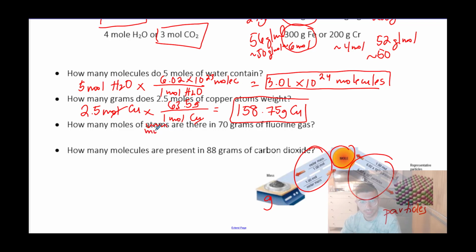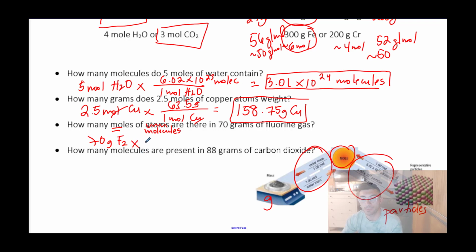The next one says how many moles of, and I'm going to change this because technically the particle that fluorine exists as are molecules. How many moles of molecules are there in 70 grams of fluorine gas? It's not asking for how many molecules individually, it's asking for how many moles of molecules. So I'm starting with 70 grams of fluorine gas. Now fluorine gas, remember, is one of the diatomic elements.